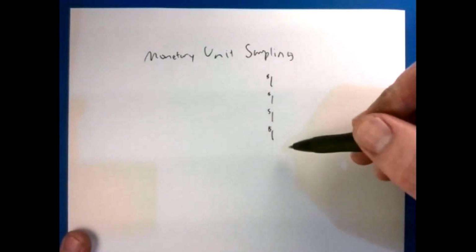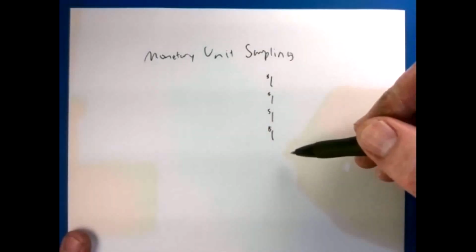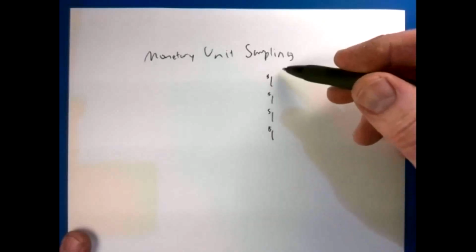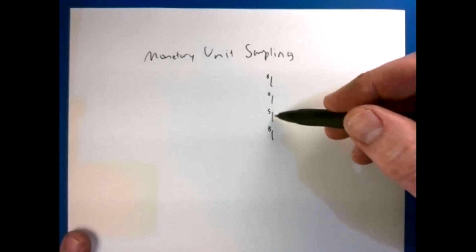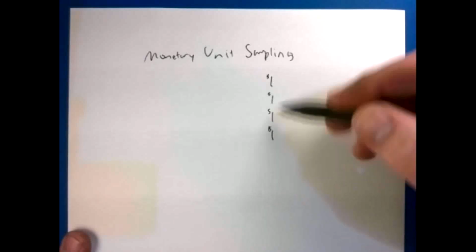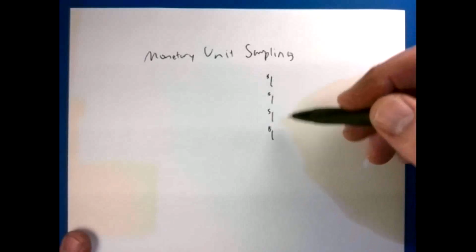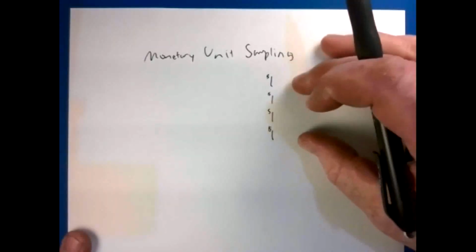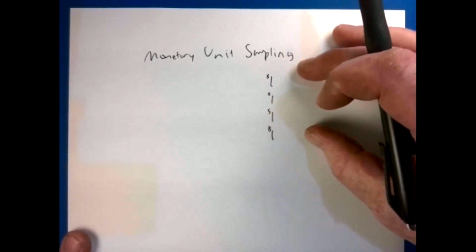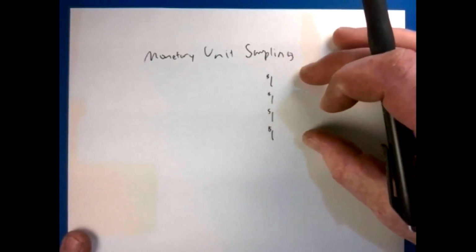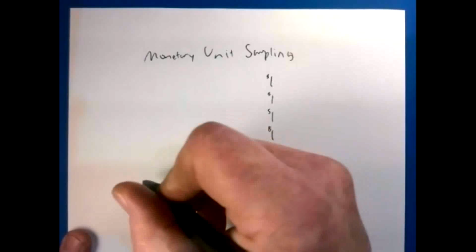So if you have $50,000 in accounts receivable, that's 50,000 $1 items. So you're really picking these monetary unit items. You'll also notice that the number of items in the population and the book value of the population are the same thing.